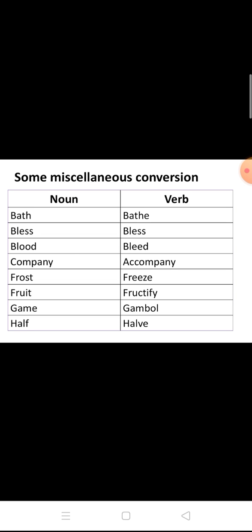Bless with the same spelling is a noun also and a verb also. Blood becomes bleed. Company, accompany. So they are not following any certain rule and regulation, and that's why they are known as miscellaneous conversion. And you have to learn this conversion as it is. If you want to learn, that is present in your grammar book on page number 76.